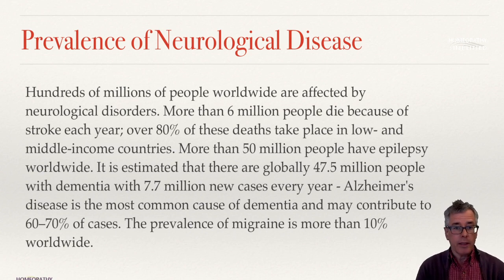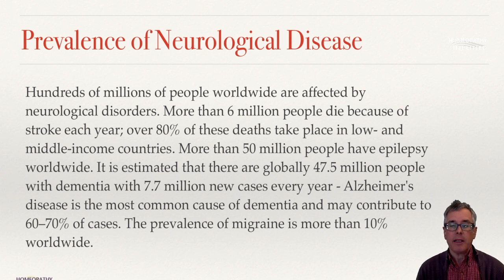So, the prevalence of neurological disease. Hundreds of millions of people worldwide are affected by neurological disorders. More than 6 million people die because of stroke each year. Over 80% of these deaths take place in low and middle income countries, and more than 50 million people have epilepsy worldwide.